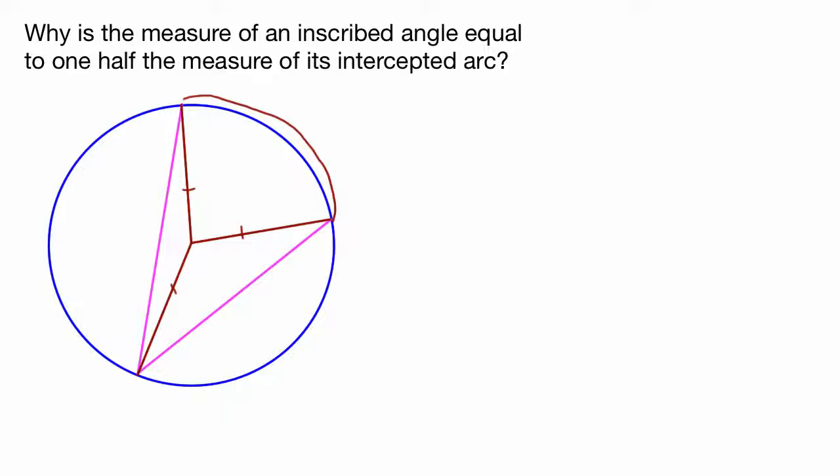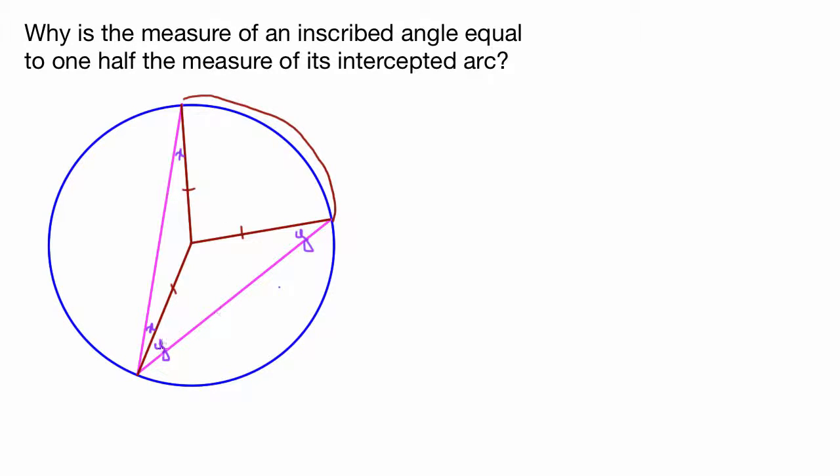Maybe I can switch colors here, purple maybe. I will call this x. That angle right there is x, and this angle obviously has a measure of x as well. And then we'll call this one y and this one y. That's hard to write so small, but you get the point.